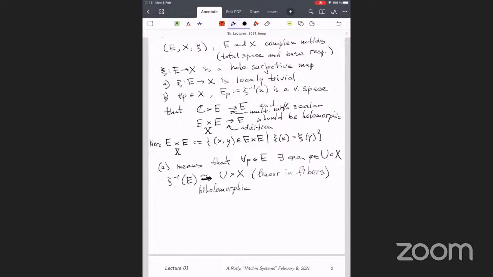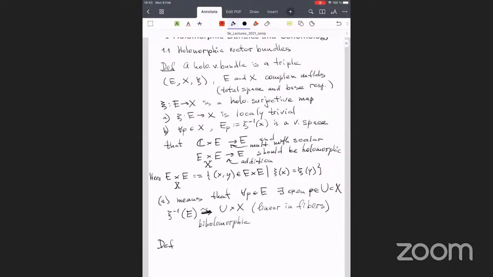I believe there is a typo in the definition. First of all, the P should be in X, not in E, right? Yes, you're absolutely right. Also the preimage should be the preimage of U in the next line. Yes, thank you. Please always correct me.